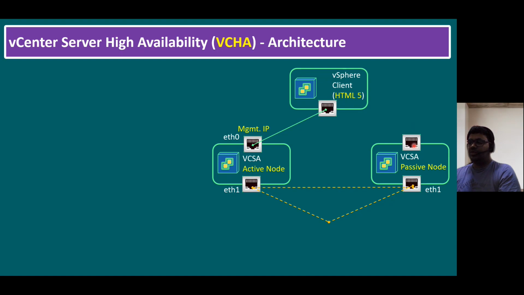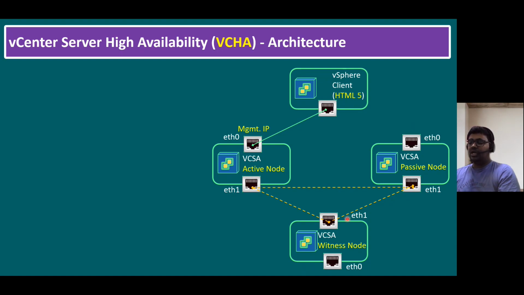But the passive node also comes with two NIC cards, Ethernet 0 and Ethernet 1. Once the passive node deployment is completed, we have to deploy the other node, that is the witness node. And the witness node acts like a witness only. It's the same as in our Windows cluster, where we have a quorum concept. Same way, our witness node is like a quorum disk.